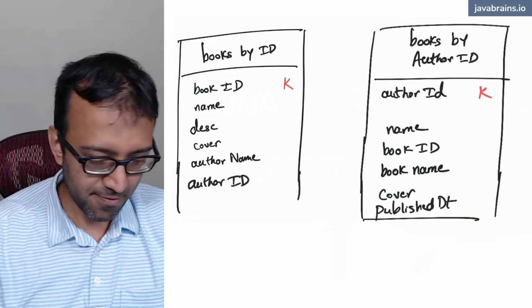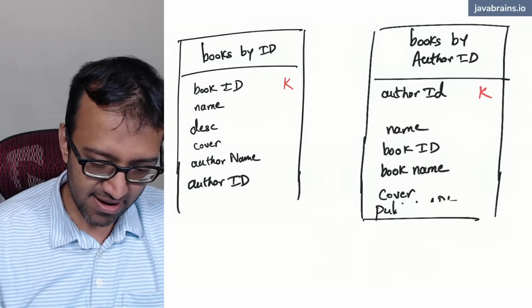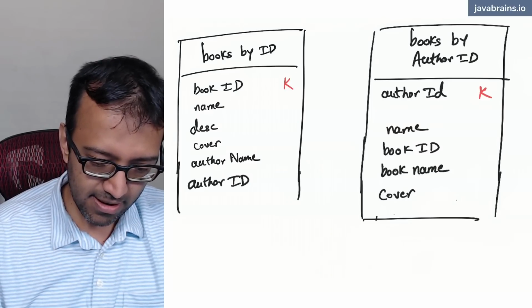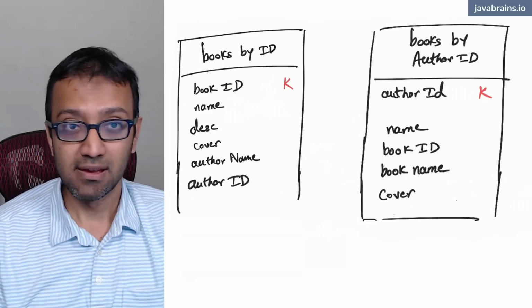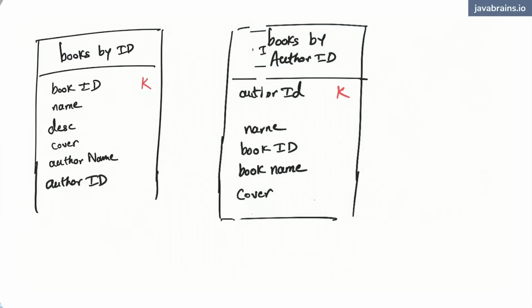So what I can do is I can get this guy here and make this what's called a clustering column, okay? I'm going to put the published date here, and I'm going to make this a descending clustering column, descending order for the clustering column, okay?